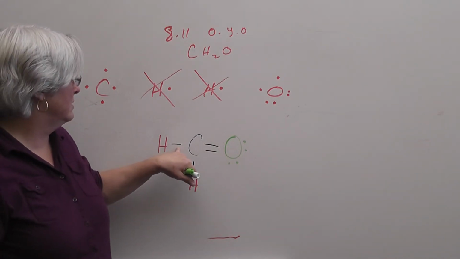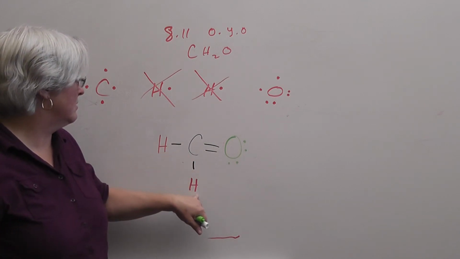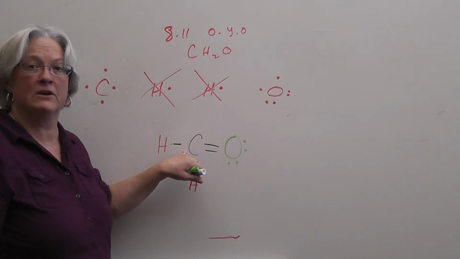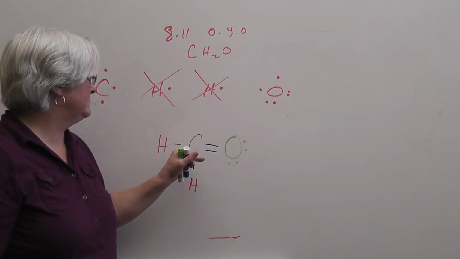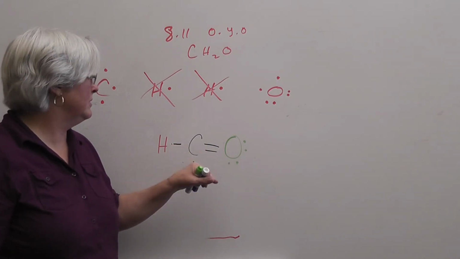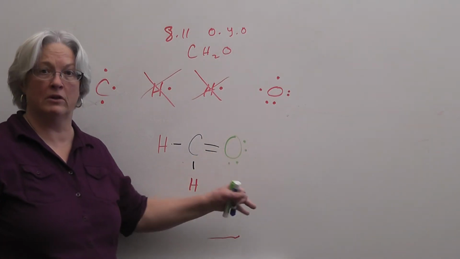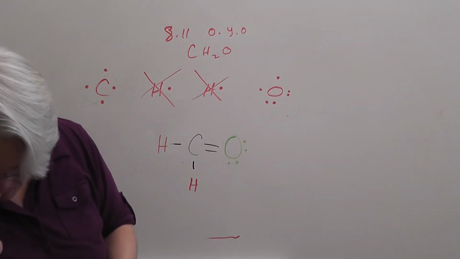We've got a covalent bond, so we have 2. Covalent bond, we have 2. 2, 4, 6, 8. So we have 8 electrons around carbon. We have 2 covalent bonds and 2 pairs of unpaired electrons. So this is our complete Lewis structure.